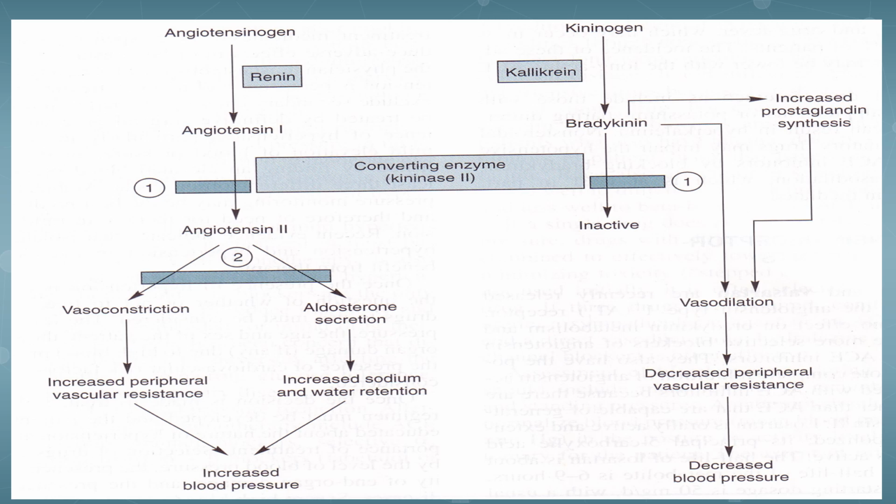Here you can also see it inhibits the metabolism of bradykinin, and this bradykinin is responsible for vasodilation and decreased peripheral vascular resistance, and it ultimately decreases the blood pressure. So this is the importance of ACE inhibitors.